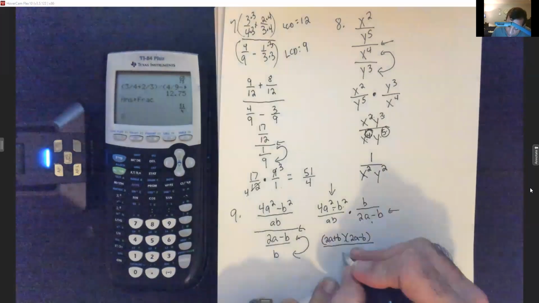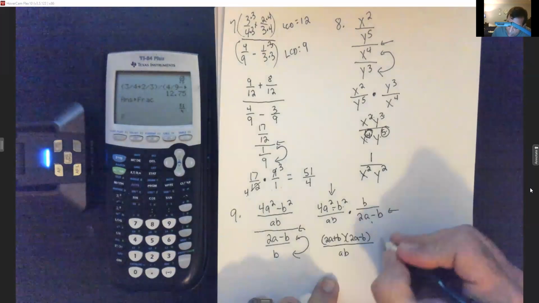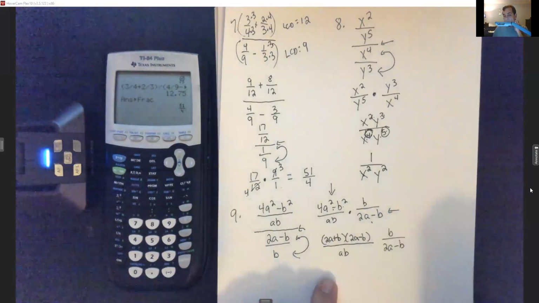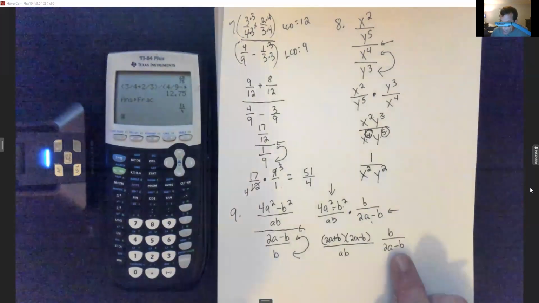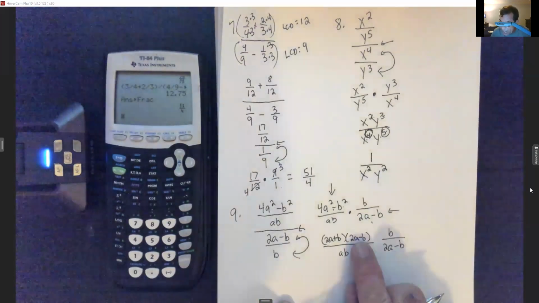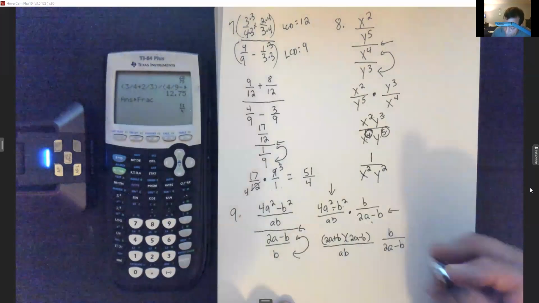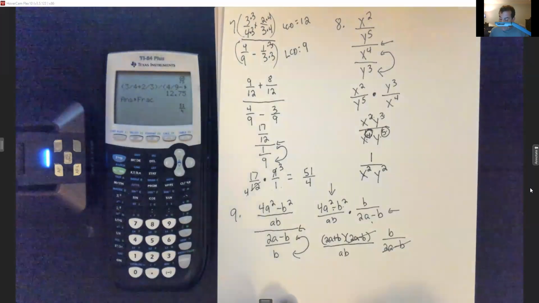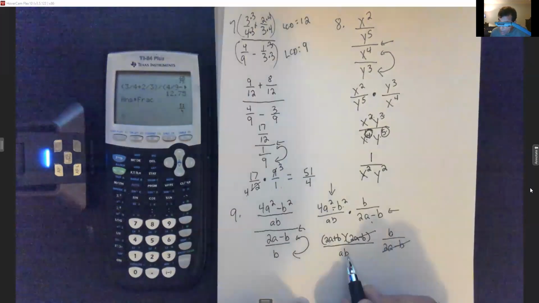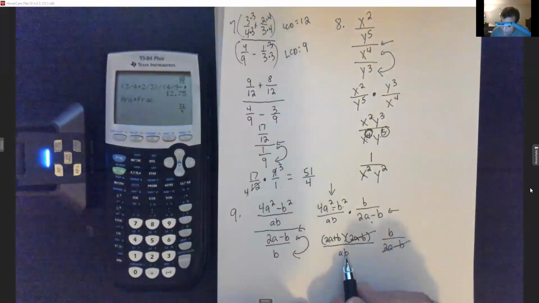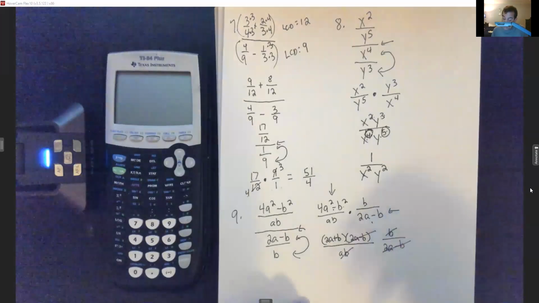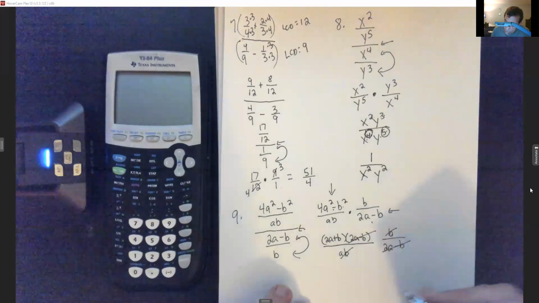All right, I had an ab on the bottom. Over here, I had ab over 2a minus b. So the 2a minus b can cancel with this 2a minus b because a binomial can cancel with a binomial. This single b, since this is a single term, can cancel with this b. So they cancel, making a bunch of ones. Let's see what's left on top.